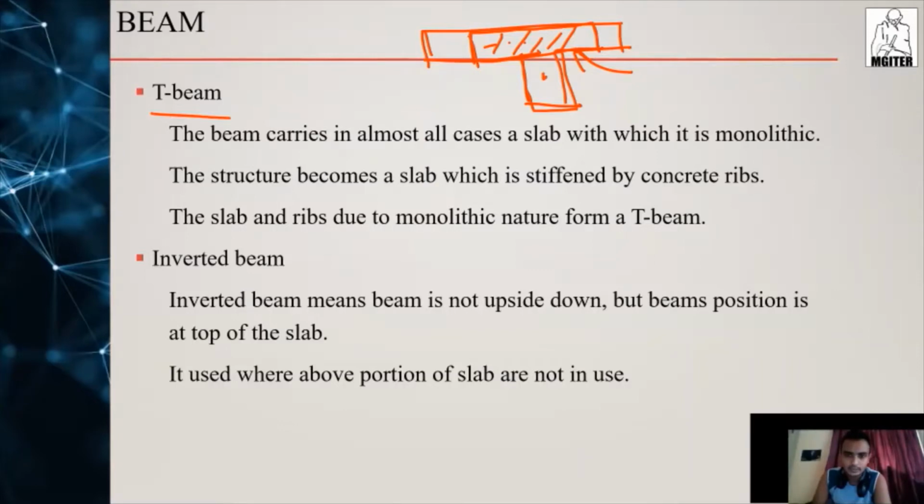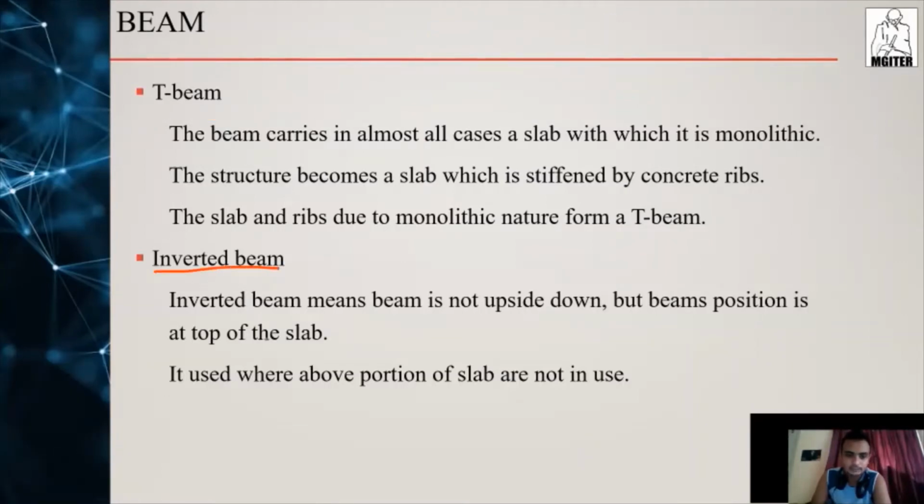At that time, this whole structure looks like the letter T. So we call this a T-beam.